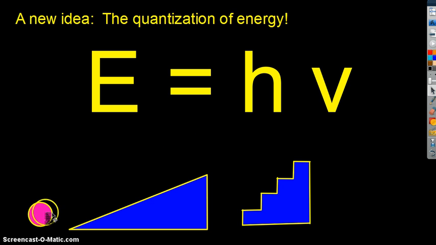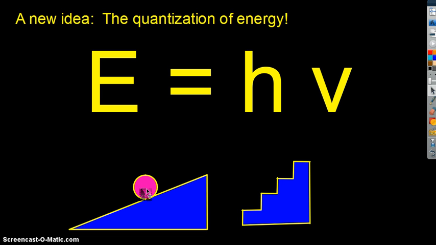Okay, so the idea is that before Planck came around, people thought that energy could exist in any amount. So if I wanted to take this ball up a hill, the ball could rest anywhere. It could be at the bottom of the hill, and it could be at the top of the hill, or anywhere in between, as long as it's sitting on the slope.